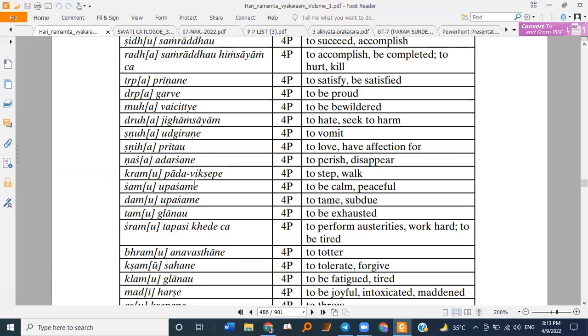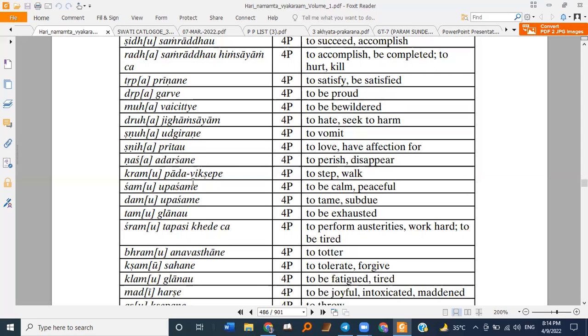Kramupada Vikshepe. Words like Kramana, Atikramana, and so on. It's actually nice to know these verbal roots because all the words have their roots in these dhatus, these verbal roots. They're based on these.